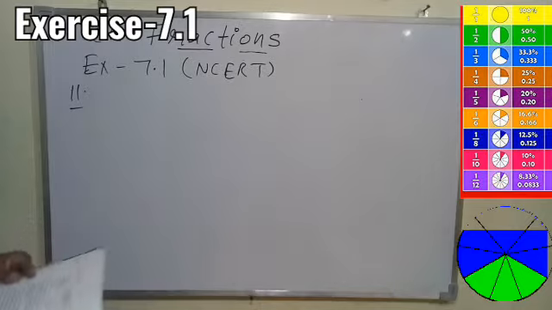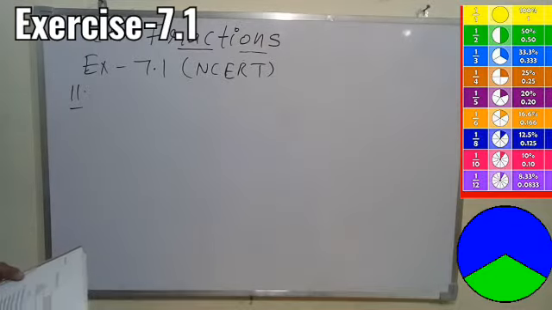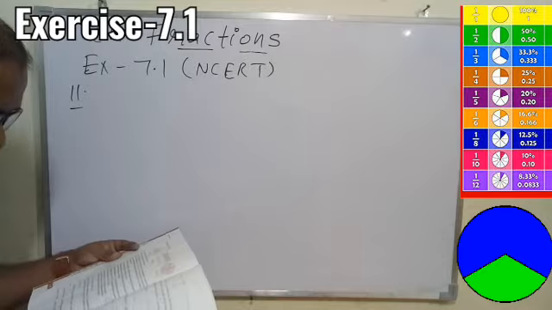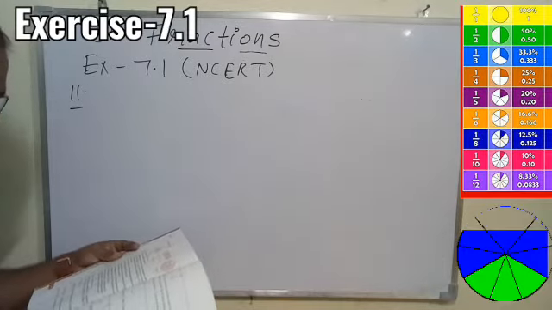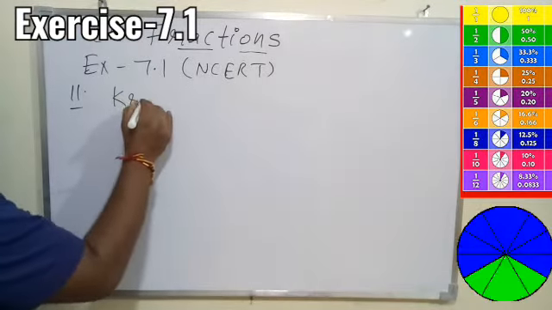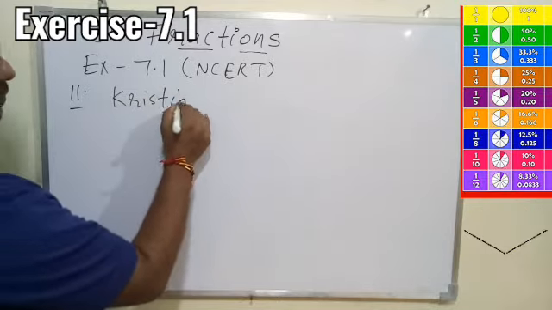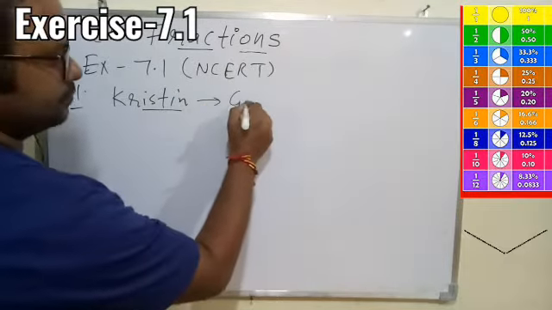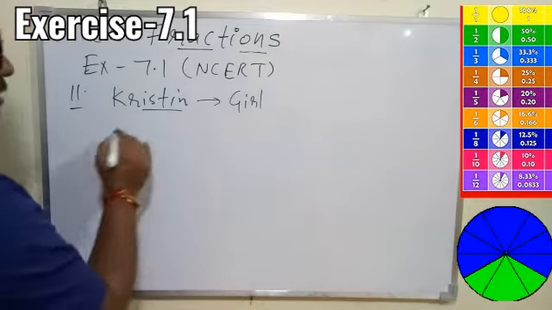Number 11 says that Kristen received a CD player for her birthday. She bought 3 CDs and received 5 others as gifts. So there is a girl with the name Kristen. I'm not writing the entire question.